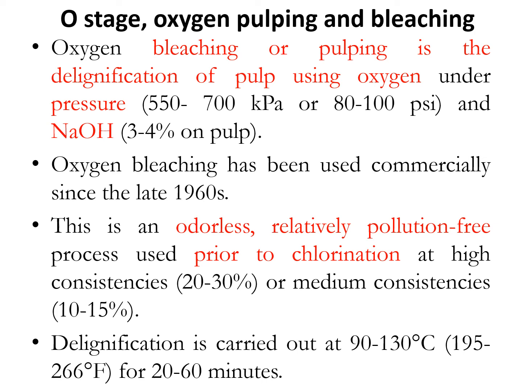This is an odorless, relatively pollution-free process, and it can be used at high consistency, that is 20 to 30%, and medium consistency, that is 10 to 15%. Delignification is done at 90 to 130 degrees centigrade for 20 to 60 minutes. But this is a process which is done prior to the chlorination, that is the C stage.